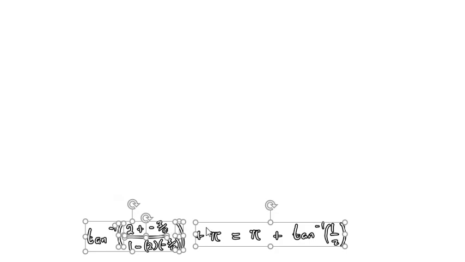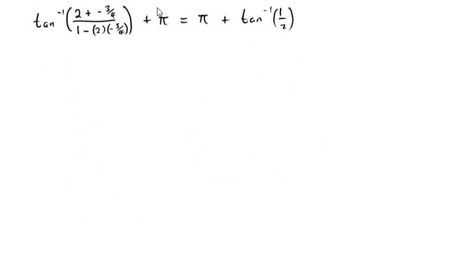Now, to simplify this further, we just have to figure out what result we get from that bracket there. Then we'll compare the two. So inside the bracket, we have 2 plus negative 3 over 4. And in the denominator, we have 1 minus.